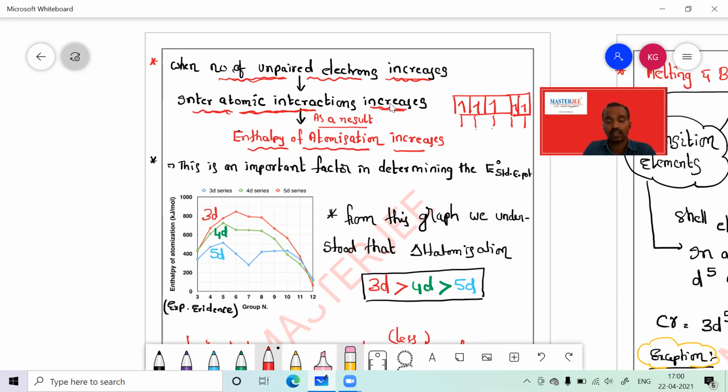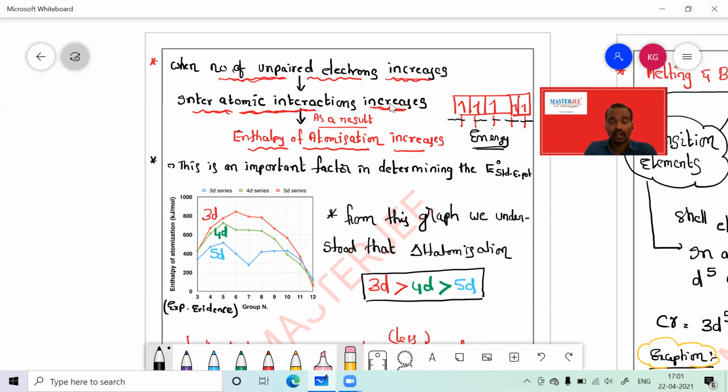Interatomic attraction forces increase, so it is difficult to break these bonds. Much more energy must be used, so enthalpy of atomization increases as a result.